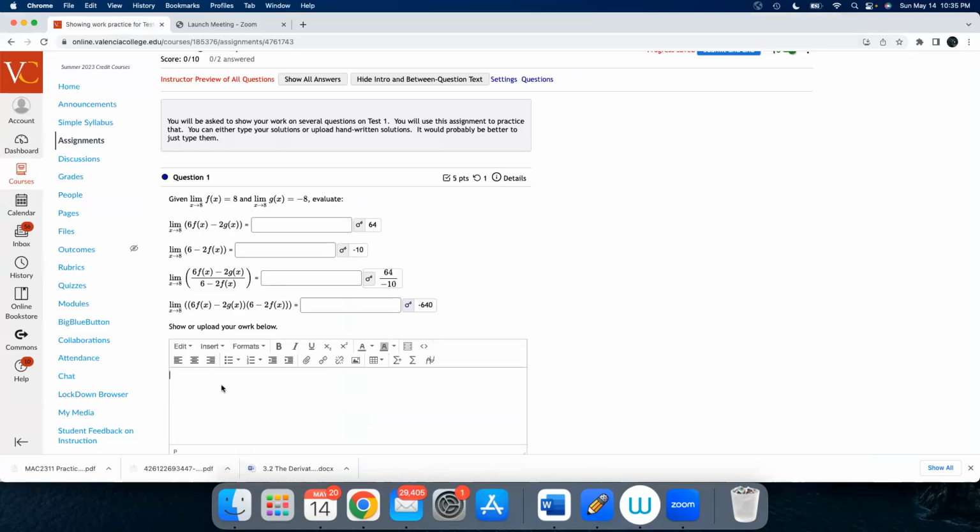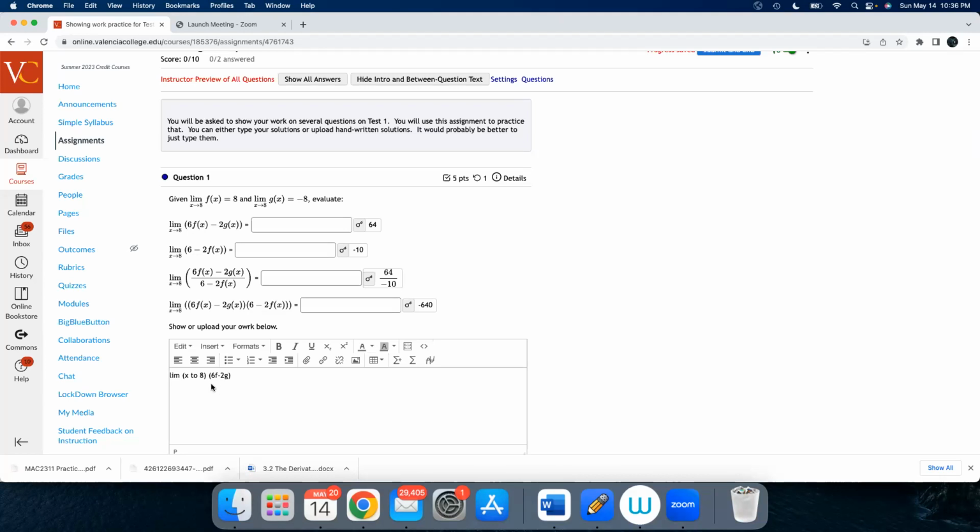Well, like if you're not great at typing these up, you can just do the best you can. You could just write limit, and maybe you write x to 8 of 6f minus 2g. Like, it's not necessary to write the of x's here.